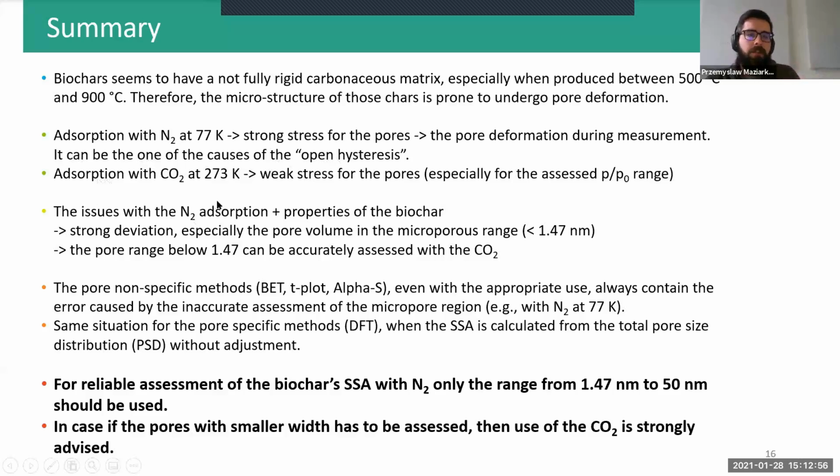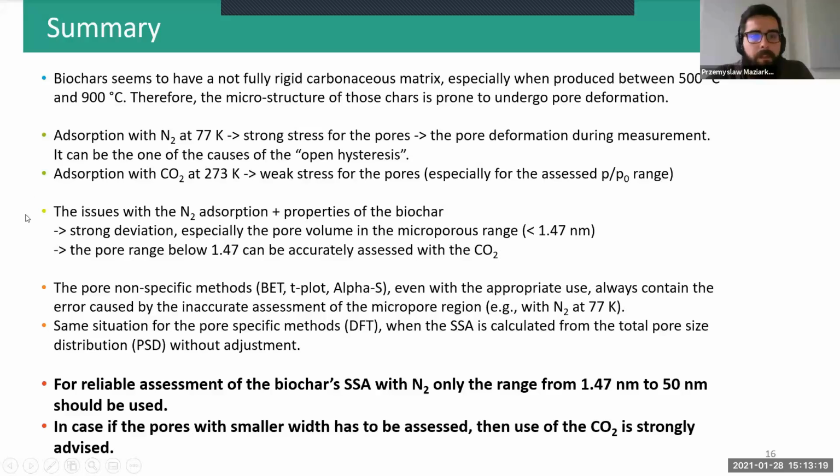On the other hand, carbon dioxide does not indicate that strong stress, which can also be observed by the lack of hysteresis during the measurement, and also the reliability of the data obtained by this consecutive, sequential measurement.